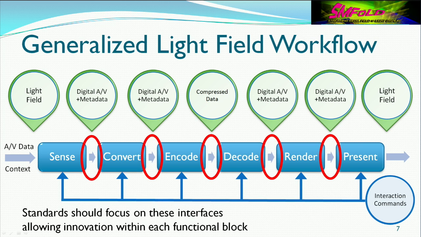And then within those blocks, this structure allows each company and organization to provide their own innovations and secret sauce within those blocks. I mean, you need to be able to do that, right? Everyone has to have their own abilities to innovate, but you also want to have some standardizations as well. And again, my simplistic thinking is that the standardization part should be the interfaces between these innovation blocks.